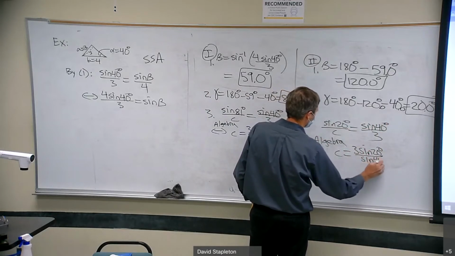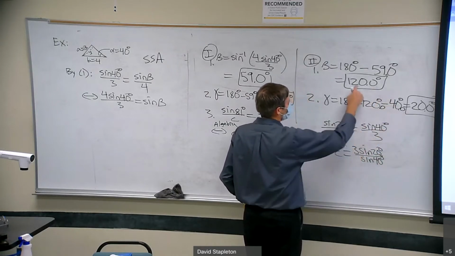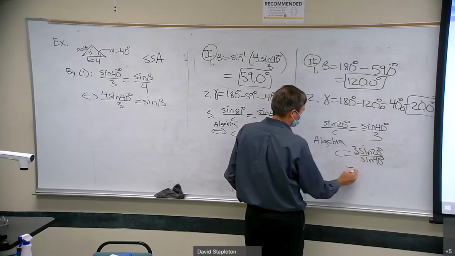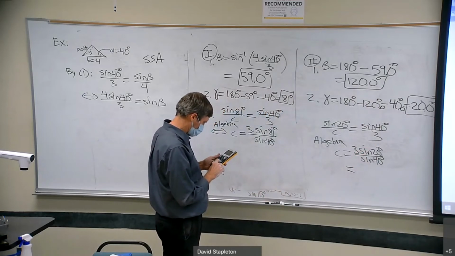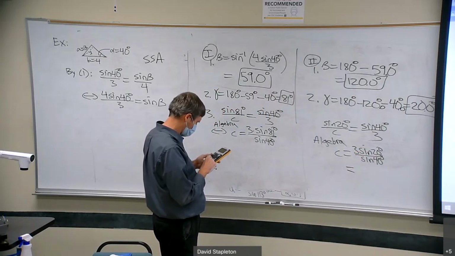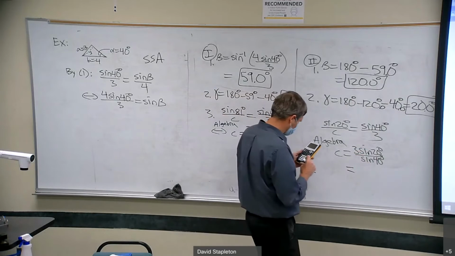When I'm doing the calculator, I don't have to carry these trailing zeros. I put these in the boxes to show the significant digits. Calculator doesn't care whether I list those or not. I'll just do the computation and then round it. So 3 times sine 20 over sine 40 gives me hopefully 1.6.